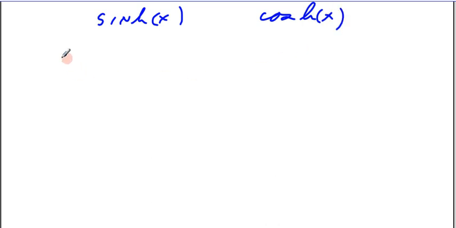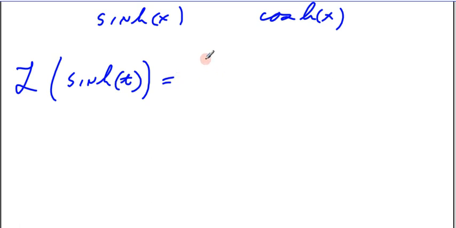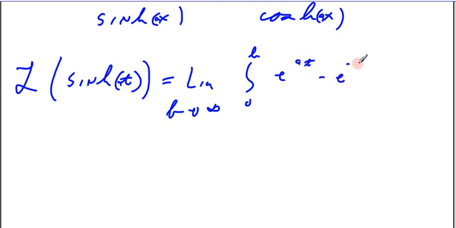All right, so the Laplace transform of the hyperbolic sine is going to be the limit as b goes to infinity, integral 0 to b, and we need an a there, so we're going to put an a here and an a there to make it nice. So e to the at minus e to the minus at over 2, times e to the minus st dt.